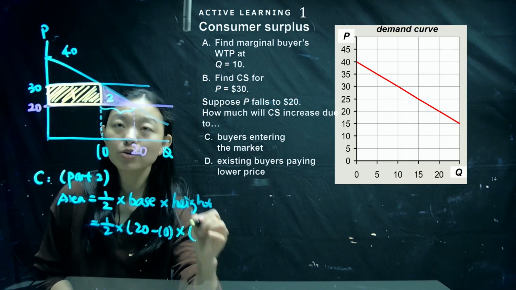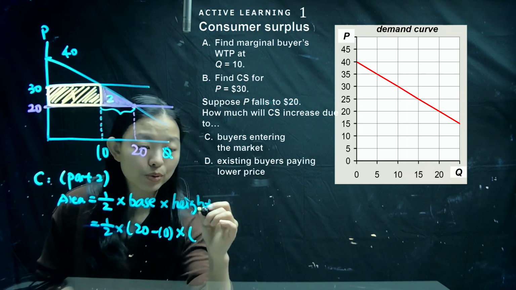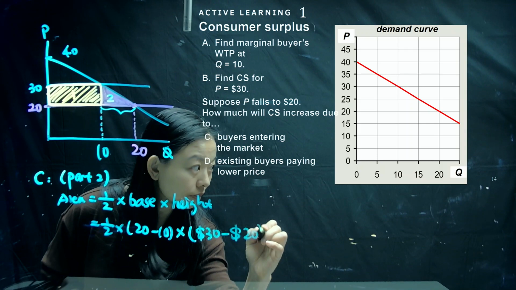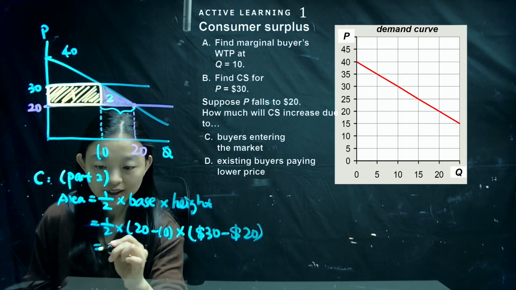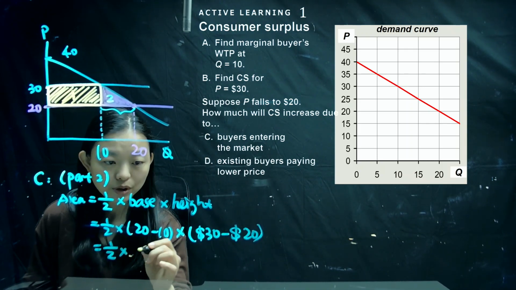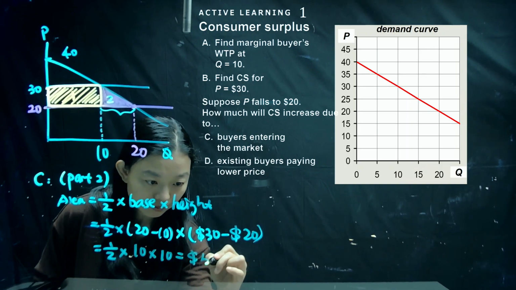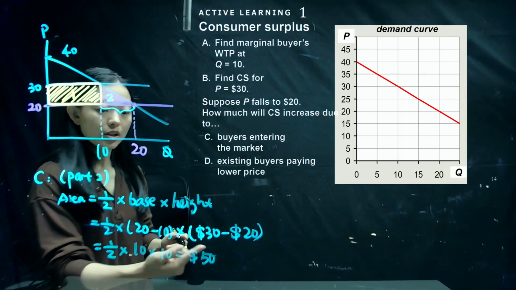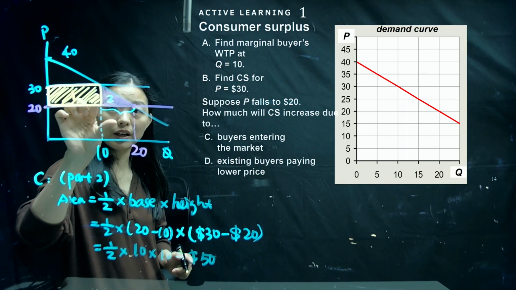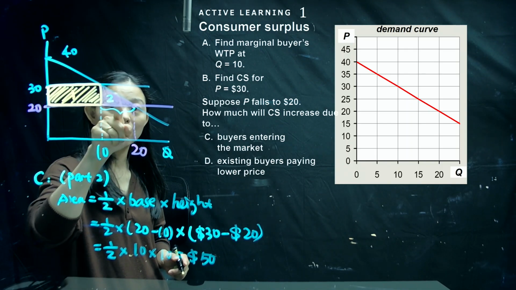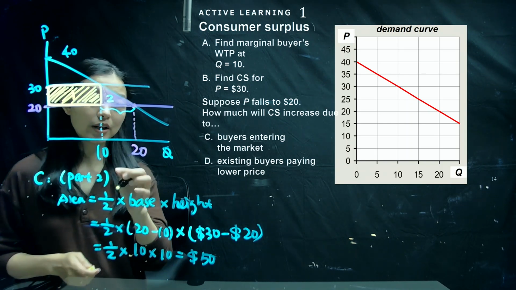The height will be equal to $30 subtract $20. So here we can get the area will equal 50.